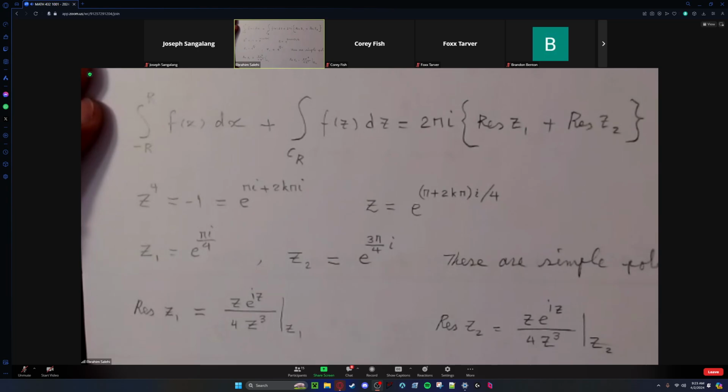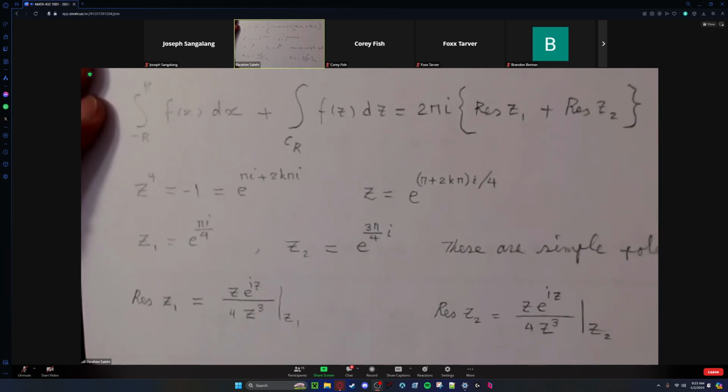So also the limit of the integral over CR as R approaches infinity of f of z dz is 0.